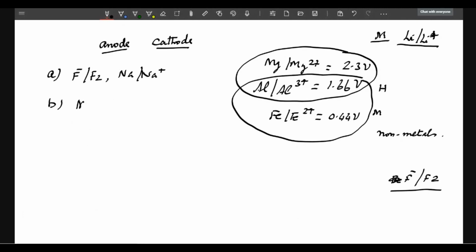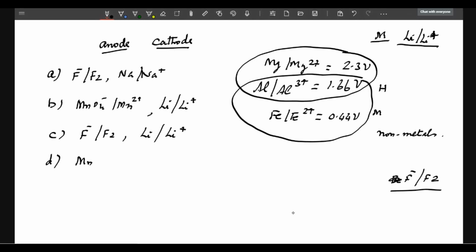Option B, MnO4 minus for Mn2 plus, bar lithium plus. C, fluoride bar fluorine, lithium bar lithium plus. D, MnO4 minus for Mn2 plus, sodium bar sodium plus. Read the question and tell me the answer.